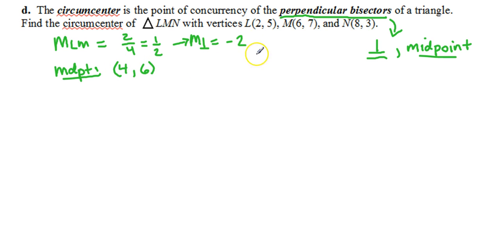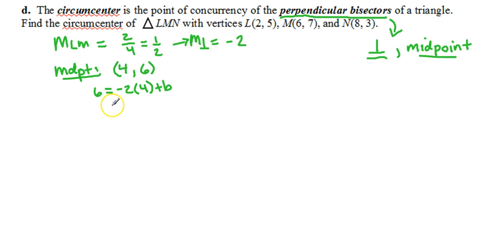That's the slope. I like to deal with slope-intercept. I know you guys like point-slope a lot. Either way is fine. If I'm going to do slope-intercept, then I need to solve for the intercept. So y equals -2 times whatever my x is, in this case, 4, plus b. Solve for b. This is -8.